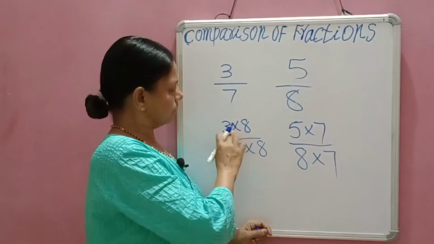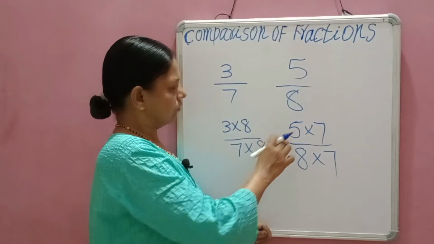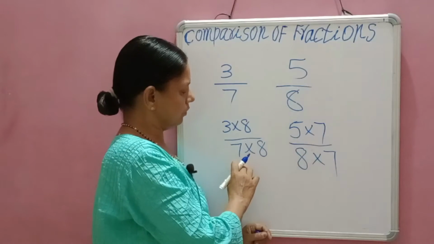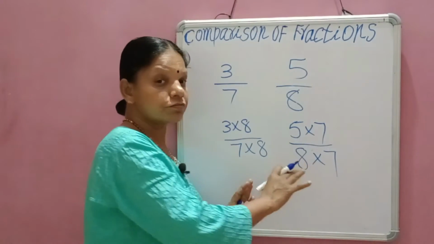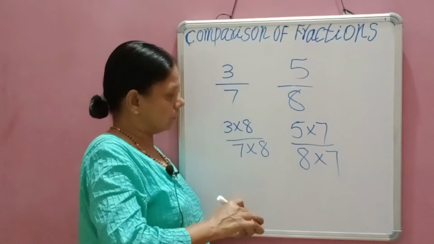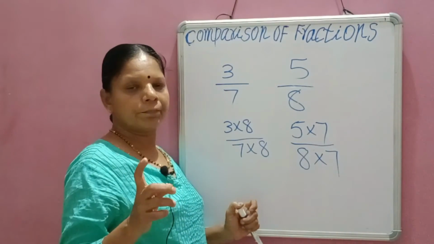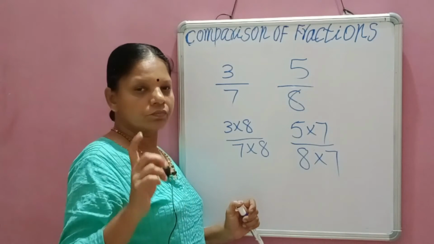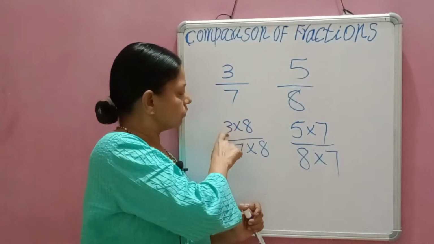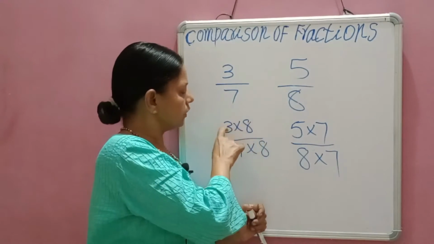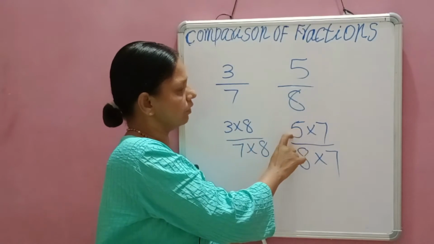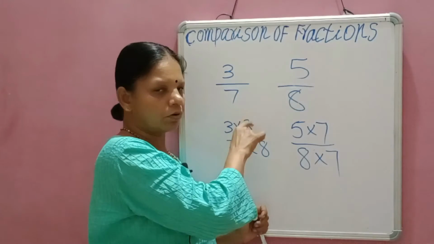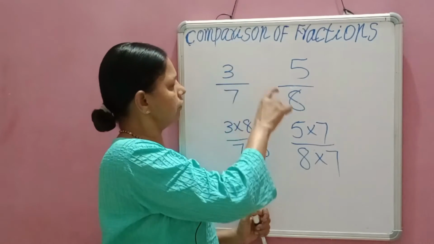So both become 3 into 8 and 5 into 7 upon 56. Here also 56. Once you get the same denominator, you only have to compare the numerators. So what is the numerator here? 3 into 8. What is here? 5 into 7. Look at the products. 3 into 8.